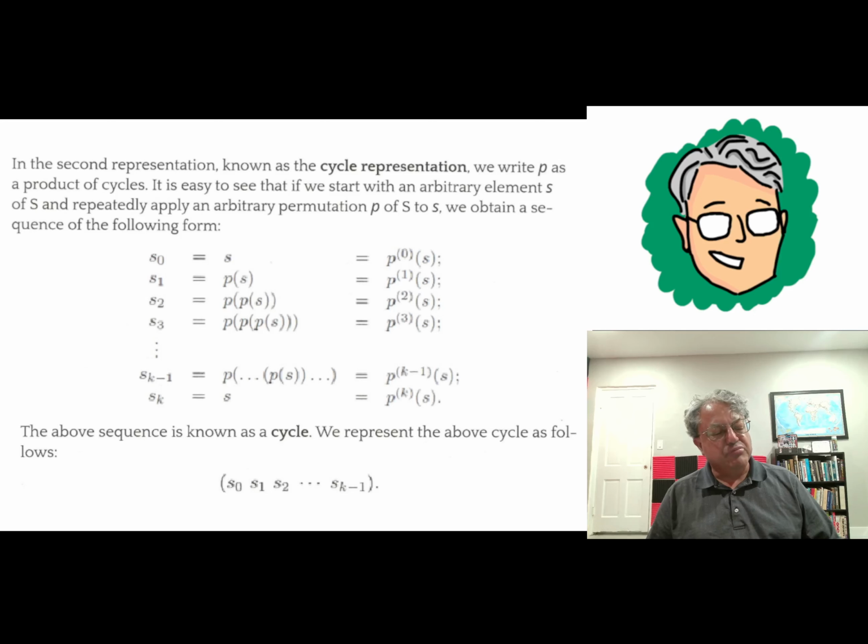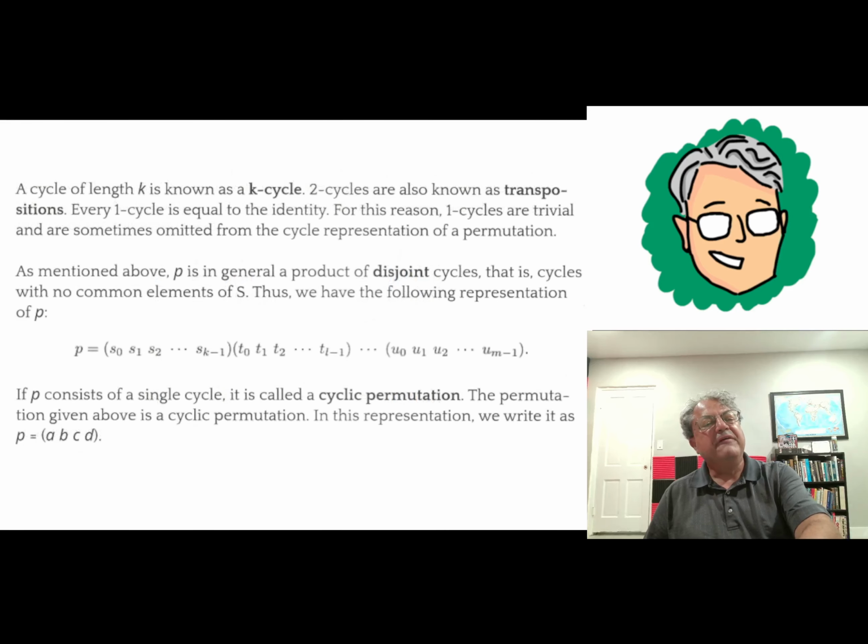And in general, you get a product of what are called disjoint cycles. That means that there are no elements in common between any of the cycles. So this is an example of an arbitrary permutation. This is the general form of a cyclic representation of an arbitrary permutation of a finite set. It's just a product of disjoint cycles.